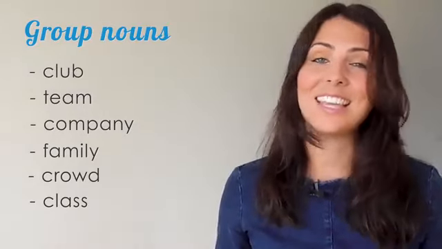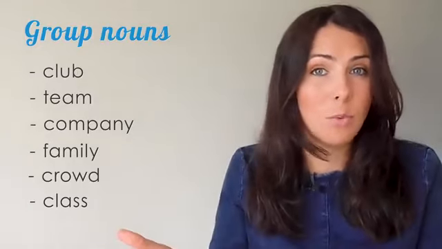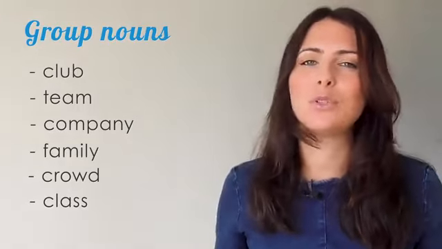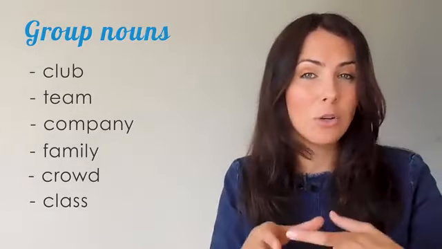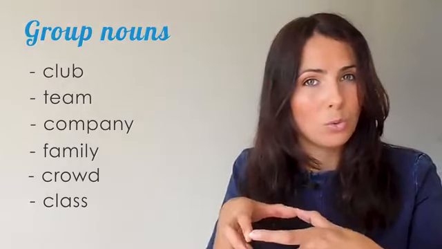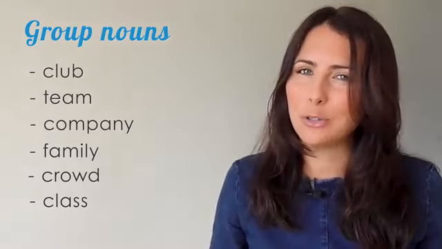This is because they can describe the individuals in the group, and since there's more than one, it must be plural. But it's also possible to use these nouns as a single group when you're referring to the group as a whole. Then they're singular. So they can be a little tricky.